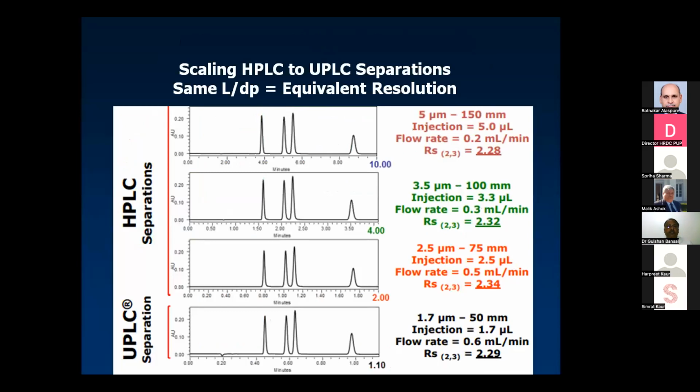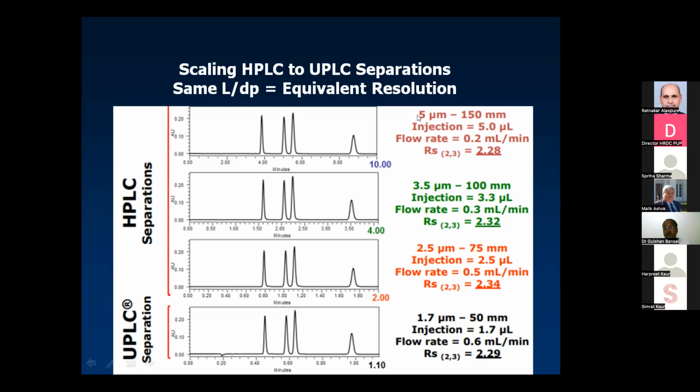Now scaling of HPLC to UPLC or UHPLC separations, and here same length to particle size ratio is there. So this is the example of HPLC from 5 micron, 150, 3.5, 100, 2.5, 75.